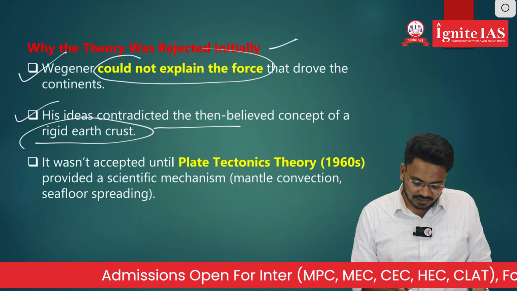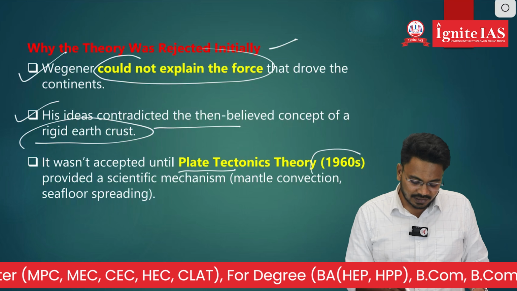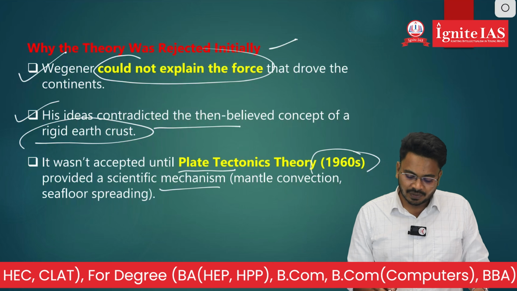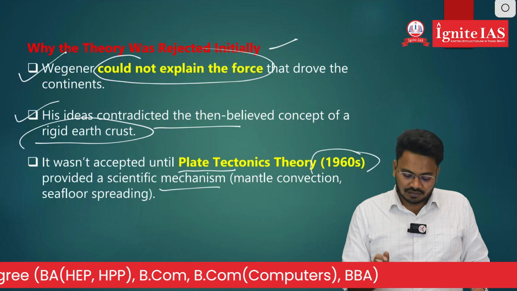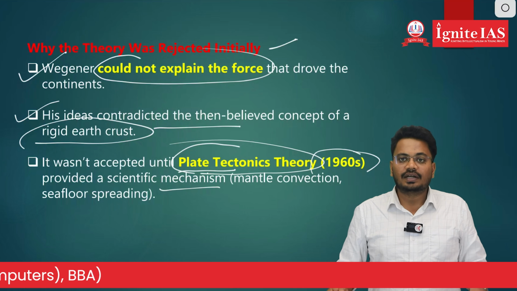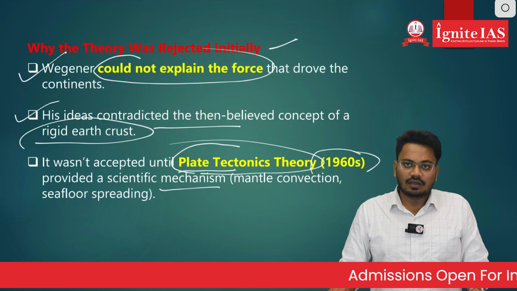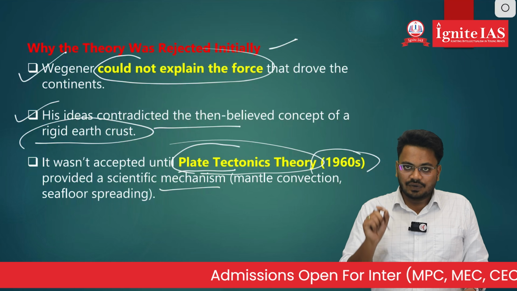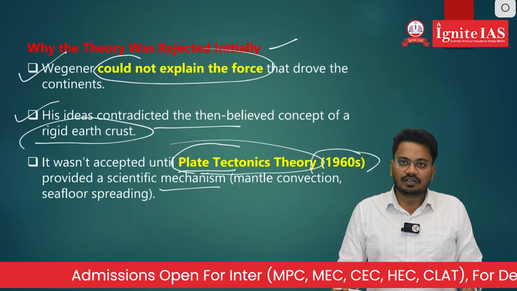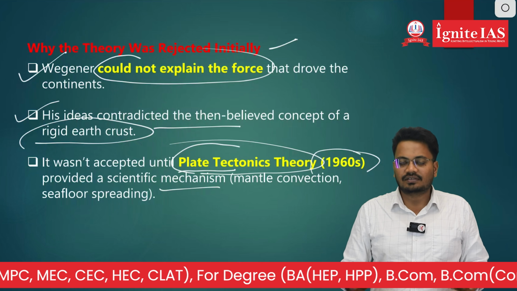Third point is, it wasn't accepted until the plate tectonics theory in the 1960s provided a scientific mechanism. So until the discovery, or creation, of this plate tectonic theory, the theory proposed by Alfred Wegener was not accepted. Even when the plate tectonic theory was discovered, the reasons given by Alfred Wegener were not acceptable.